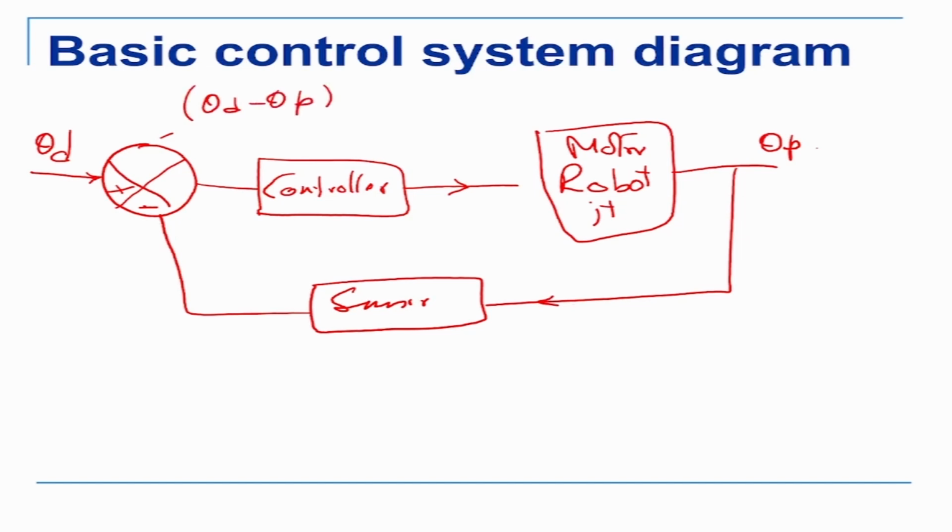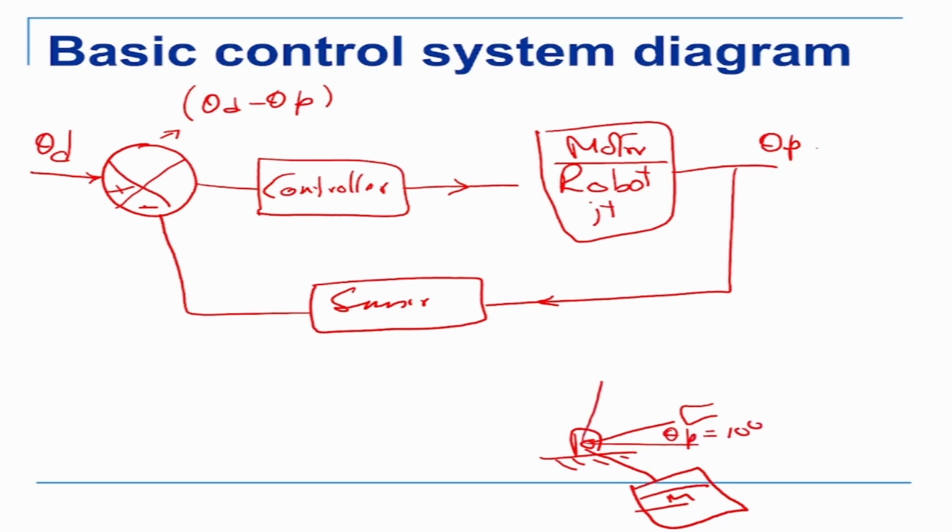This is a comparator, not the controller. The comparator compares the desired to the present position and then gives it to the controller. The controller amplifies it and gives it to the motor. The motor rotates. Suppose it is only one link. I want it to go from theta present equal to 10 degrees to theta d equal to 70 degrees.